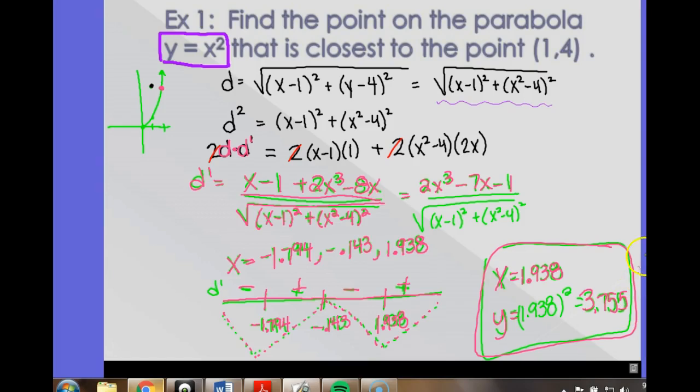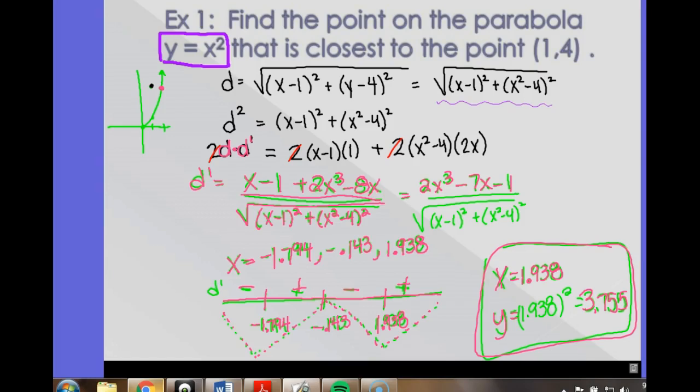Okay? What does the sign chart say? That 1.938 is a minimum. And in order to be the closest point on a graph, it needs to be a minimum. Why does it need to be a minimum? Because if it's a maximum, it would be the furthest point on the graph.